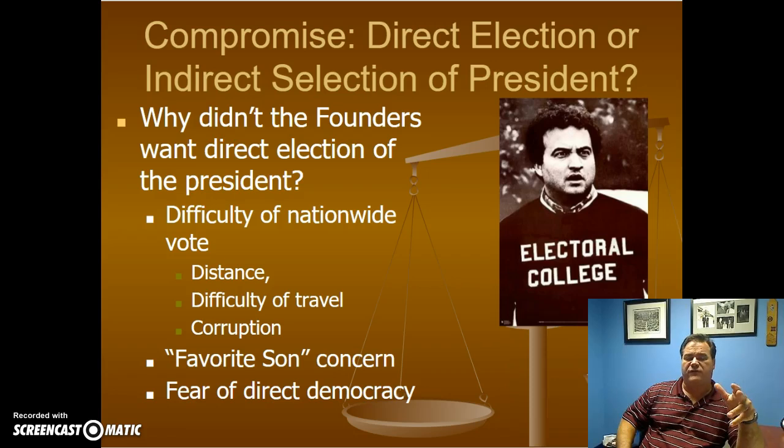Now, there's also a fear of direct democracy, but the fear of direct democracy was founded less on not trusting the public, because keep in mind, at this time in 1787, the voting population was restricted to landowning white males. So we're talking about a group of people that were the same social class as the founders themselves.